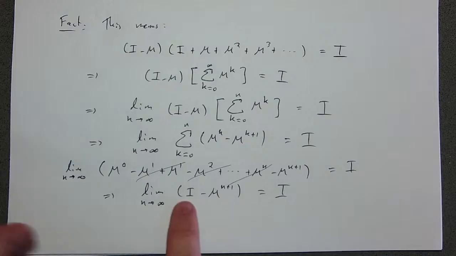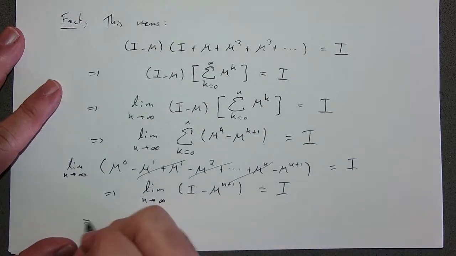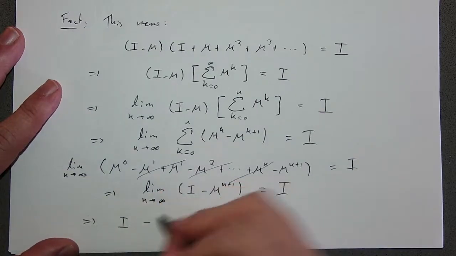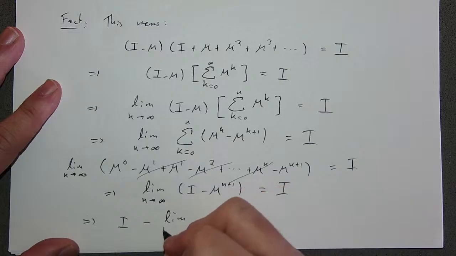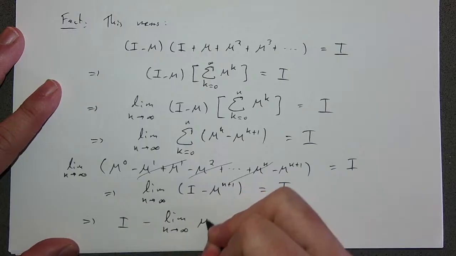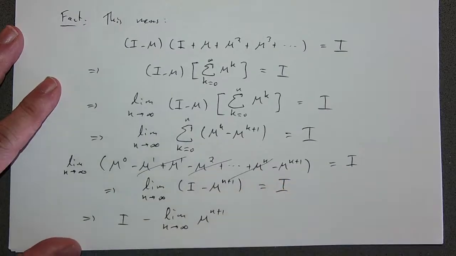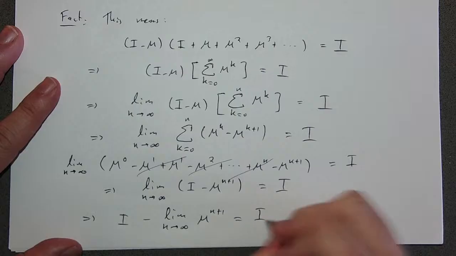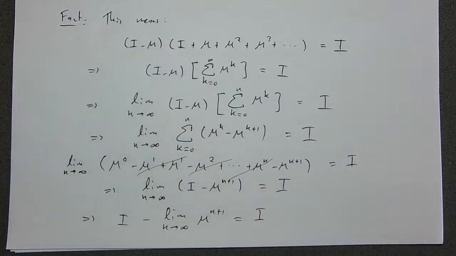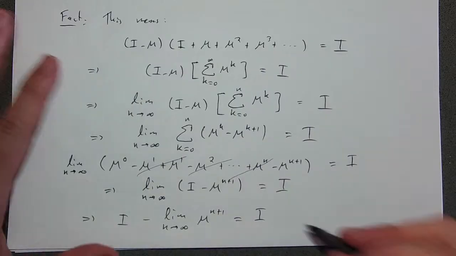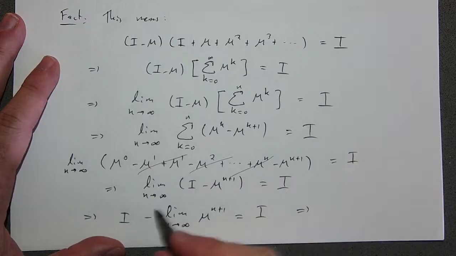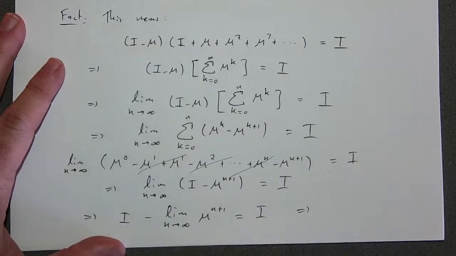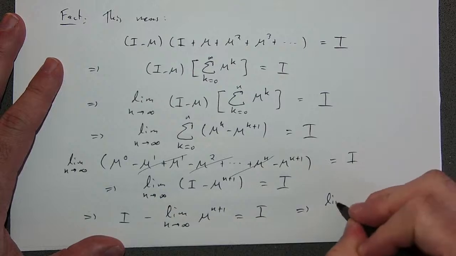But this I doesn't depend on n, and so what I get here is I minus the limit as n goes to infinity of M to the n plus 1, and that is equal to I. Just looking at this equation tells me that this limit has to be 0.